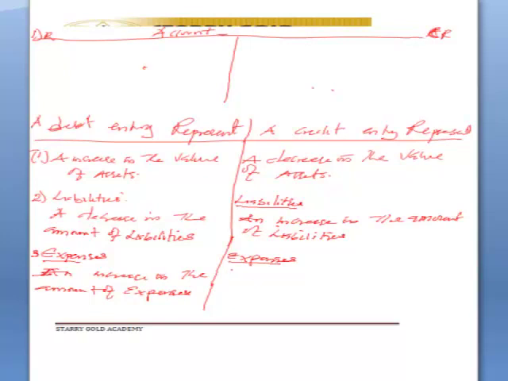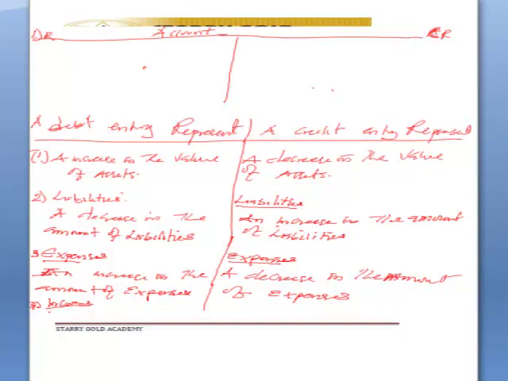And a credit entry here means a decrease in the amount of expenses. So let's see income.